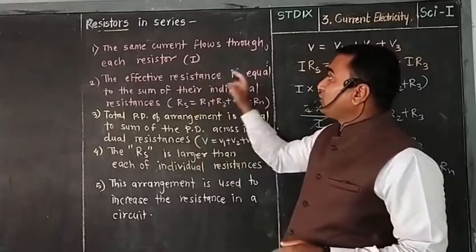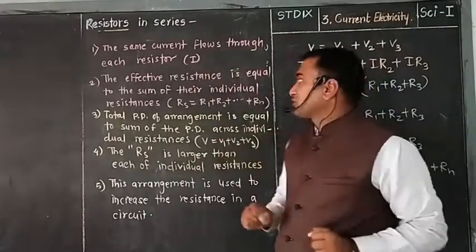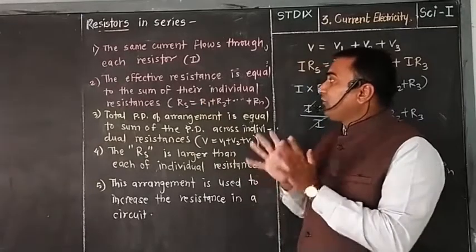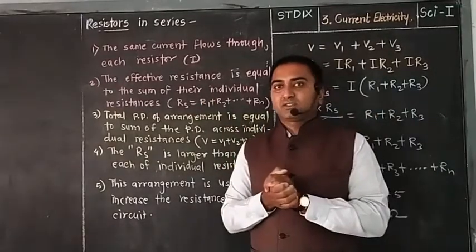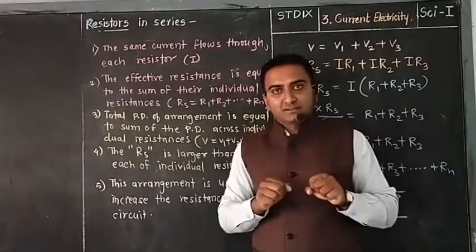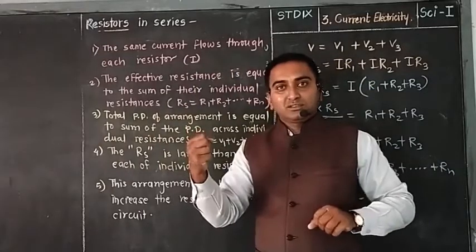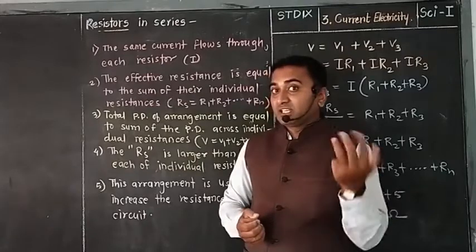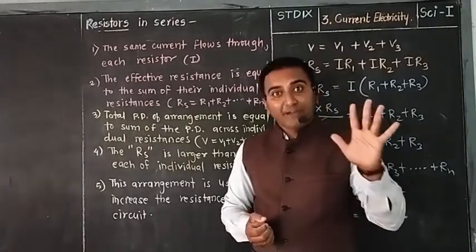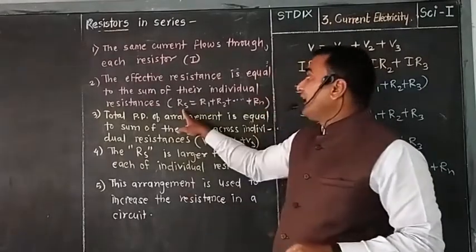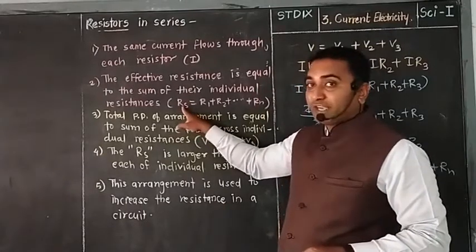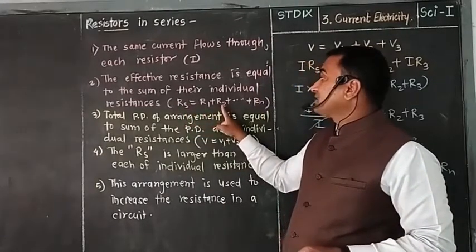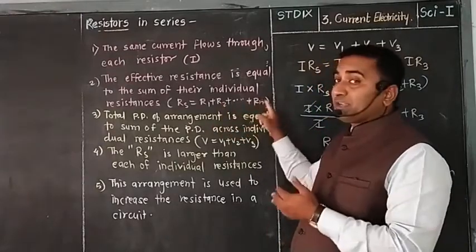Second, the effective resistance of the combination is equal to the sum of their individual resistances. Meaning what? Effective resistance 10 laddus, equal to first person 2 laddu, second person 3 laddu, and last person 5 laddu. Like this, RS, that is effective resistance in series, is equal to R1 plus R2 plus so on plus Rn.